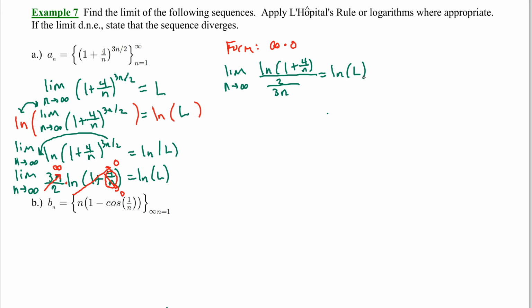I've written it in an algebraically equivalent form. Now, as we've already observed, the numerator is approaching 0, and as n approaches infinity, the denominator is approaching 0. So we now have an appropriate indeterminate form 0 over 0. That allows us to apply L'Hopital's rule.